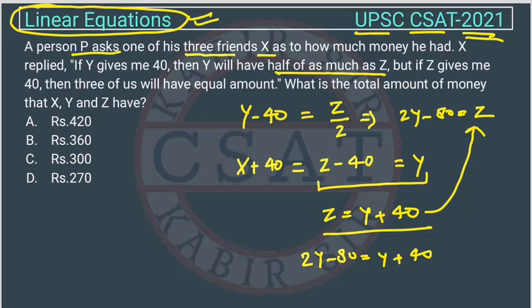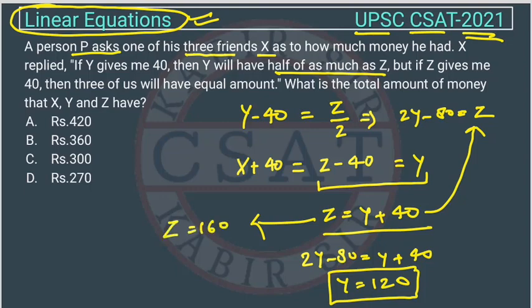So this will become Y, 80 will go to this side, so this will be plus, so 40 plus 80 will be 120. So Y is 120. If Y is 120, then Z, from this equation, is 160, right? Y is 120. So what is X, right? So X is how much?